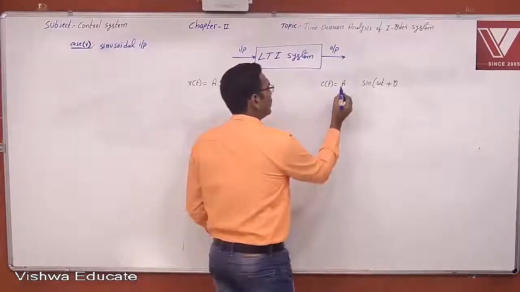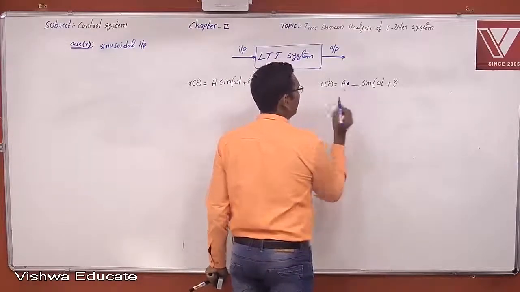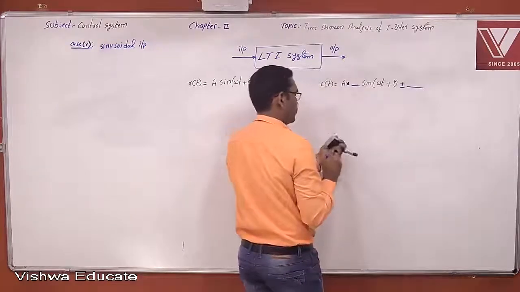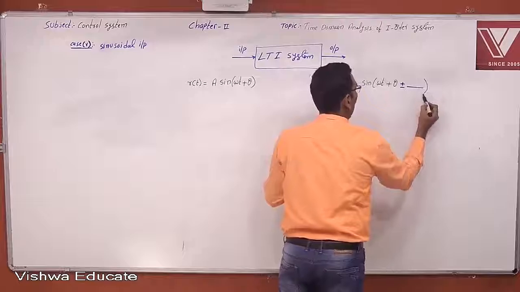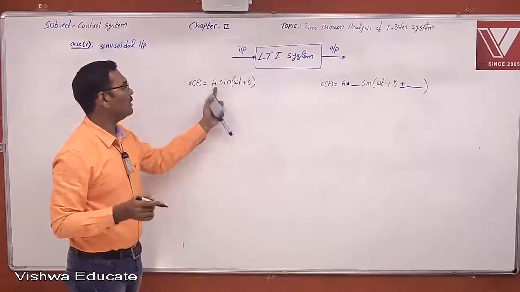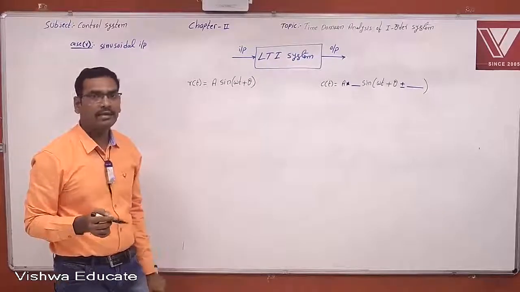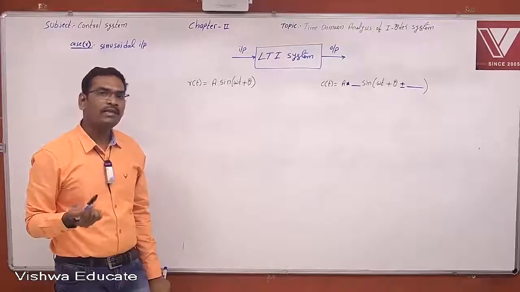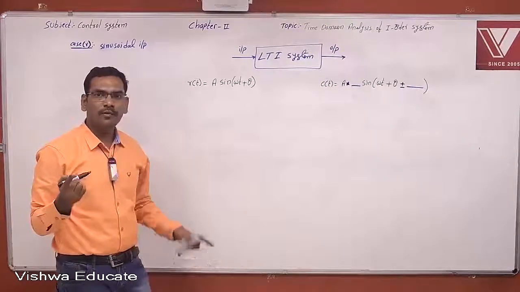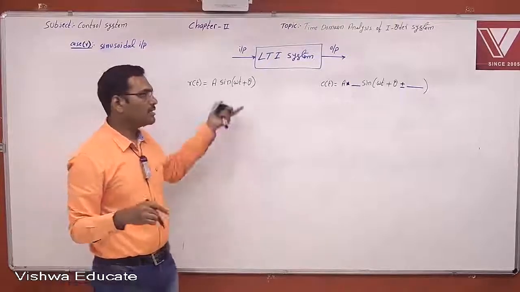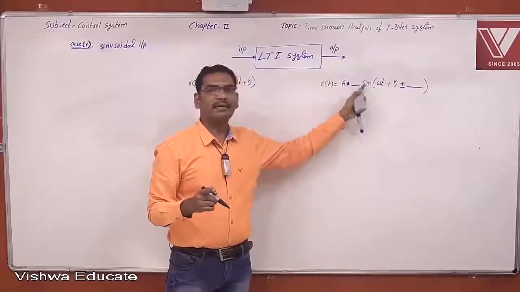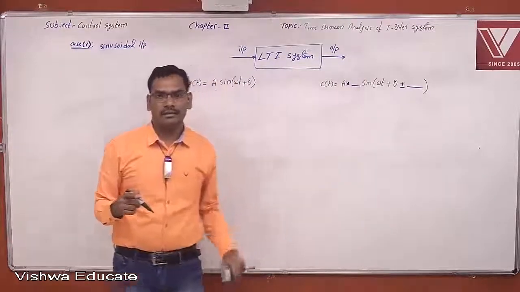The magnitude and the phase angle theta are going to change. Now I can easily find the change in magnitude and the change in phase at the output side. If you measure those two changes, then the sinusoidal input and sinusoidal response are the same, only differing in the change in magnitude and change in phase angle. Is it right or not?